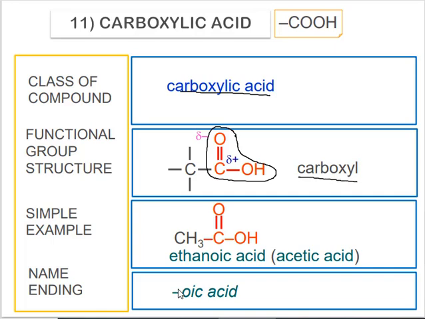Remember, carboxylic acid is the class of compound, and the functional group is carboxyl. The name ends with oic acid. For example, with 2 carbons, ethanoic acid, or the common name acetic acid.